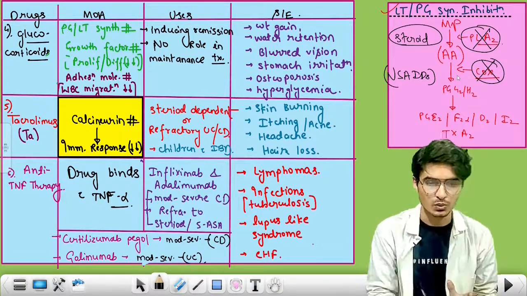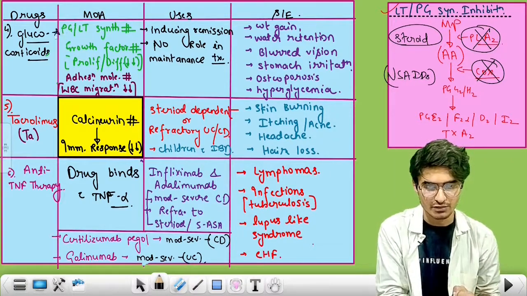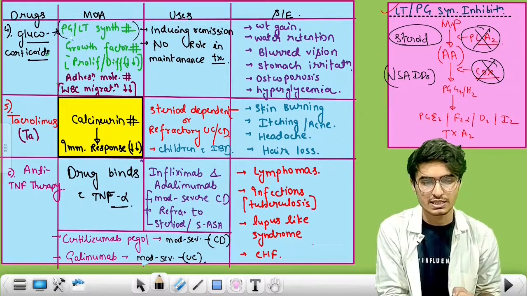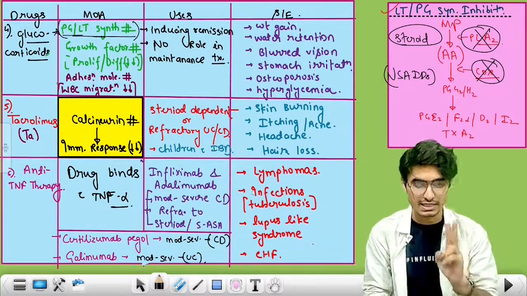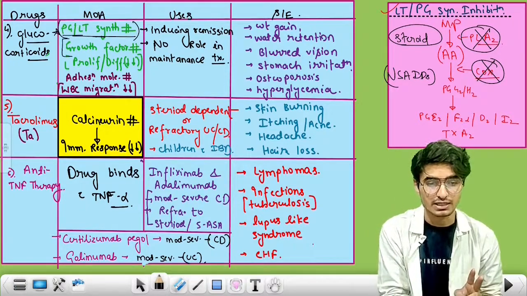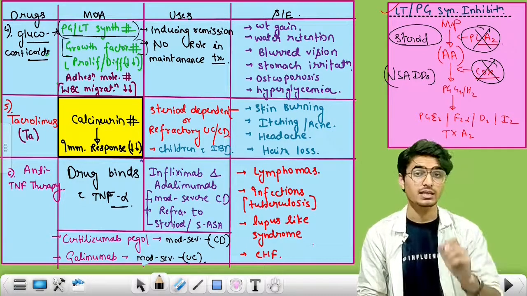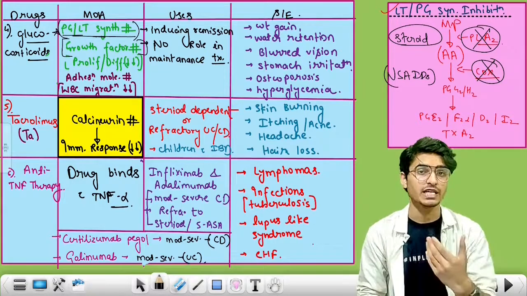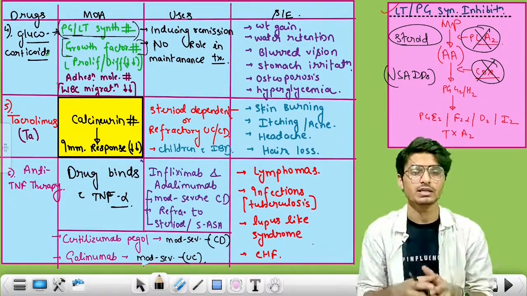And now we will switch to the mechanism of the steroids here. Number one is the same thing that we have discussed right now, that is the PG and leukotriene synthesis inhibition. Second thing is the inhibition and down regulation of growth factor production. And third mechanism is the down regulation of adhesion molecules, so that neutrophilic infiltration and recruitment is inhibited here.